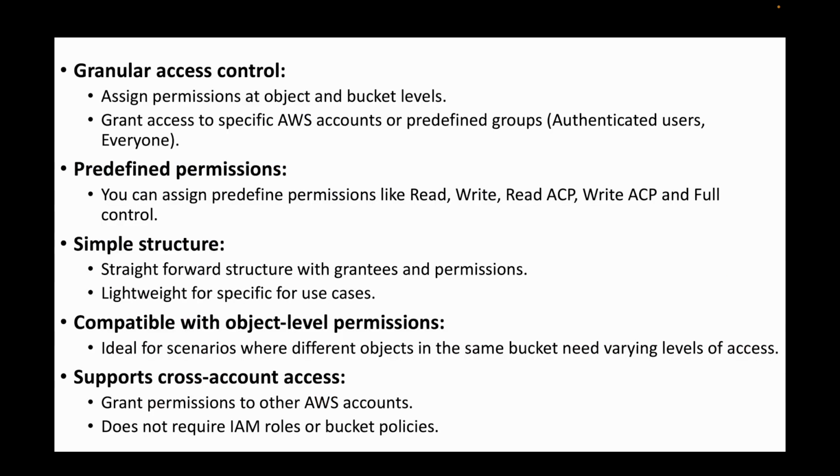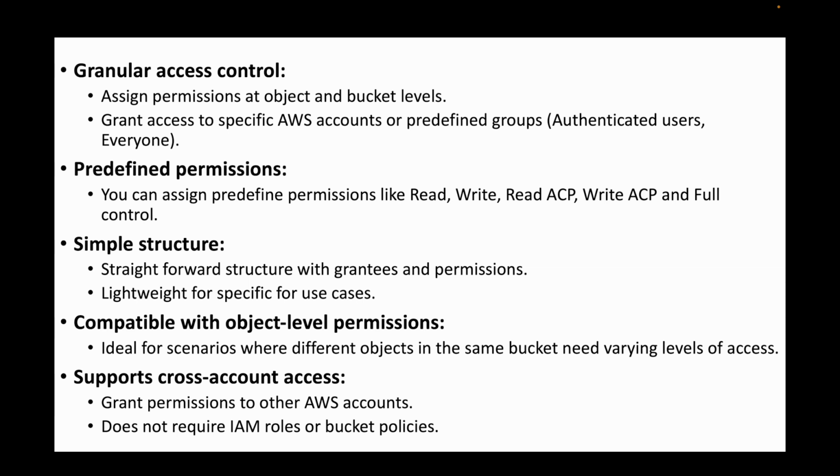So, in summary, AWS S3 ACLs are a very powerful, though somewhat legacy, feature. It's a mechanism that we can use for managing permissions at the object as well as the bucket levels. While ACLs provide quick and granular access control, they are best suited for specific scenarios like object level permissions or legacy applications.